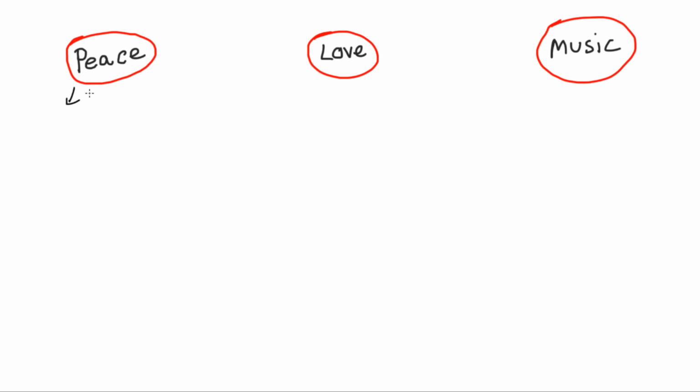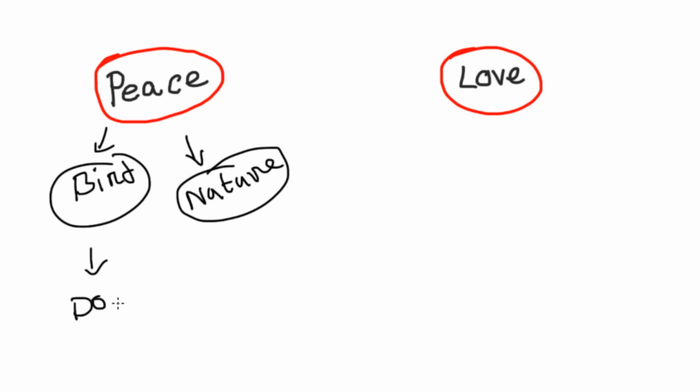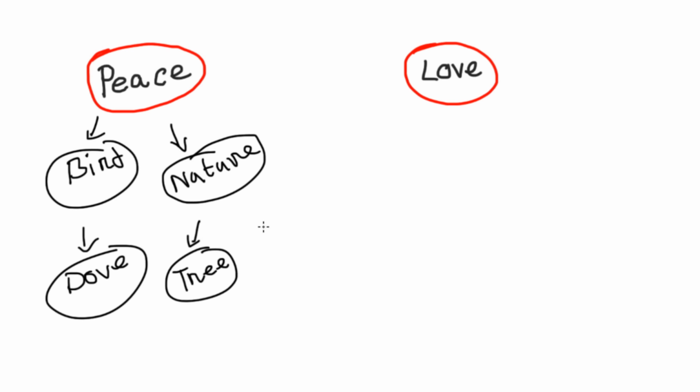When I think about the word face, it reminds me of bird. It also reminds me of nature. Bird reminds me of dove. Nature reminds me of tree and sea wave.